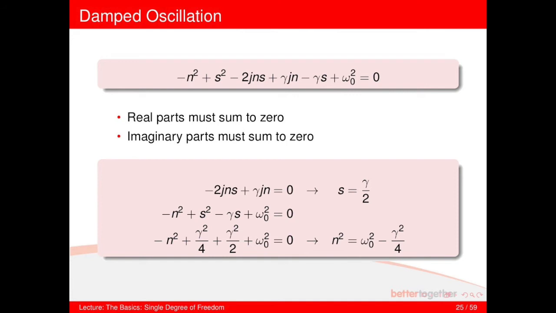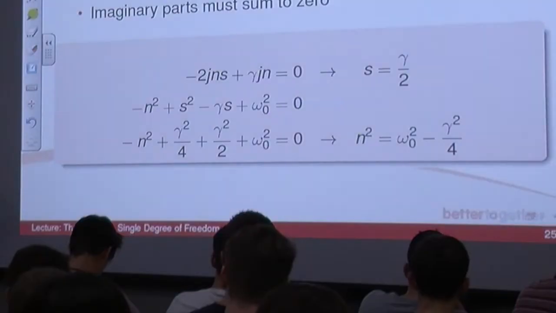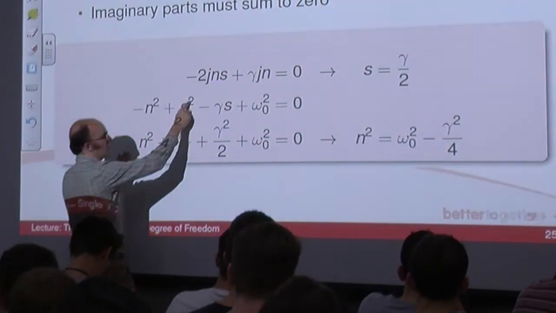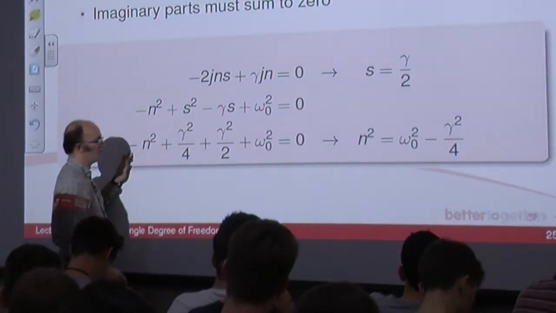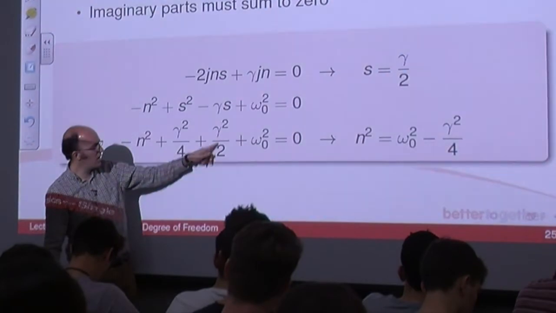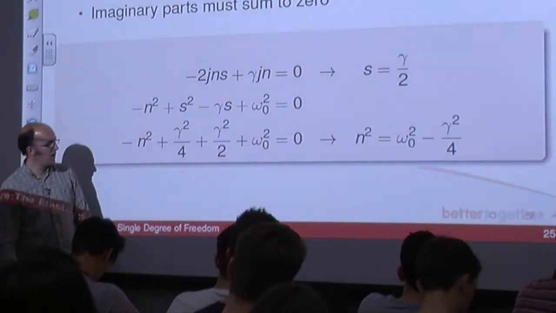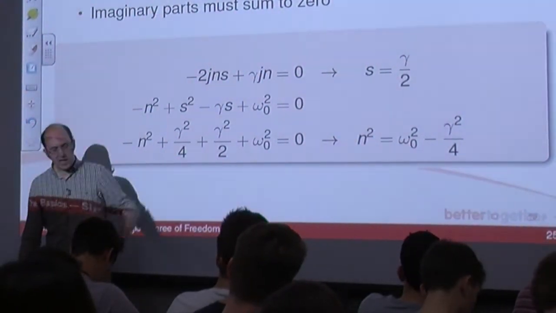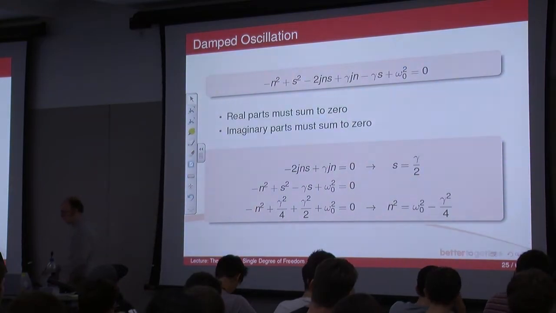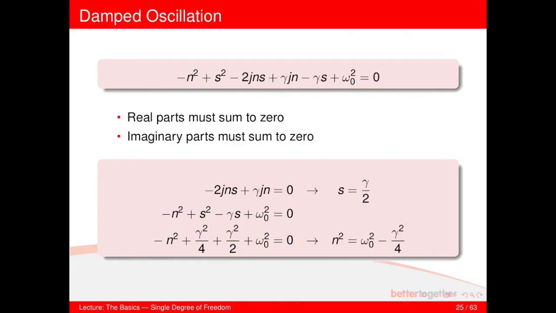If you take the imaginary bits, s must be equal to gamma upon 2. Take this equation, set it equal to 0, and you get a value for s. If you do the same thing for the real bit, we can substitute in for s with gamma upon 2, which is why we've got gamma squared upon 4 in there. n squared must be omega naught squared minus gamma squared upon 4.